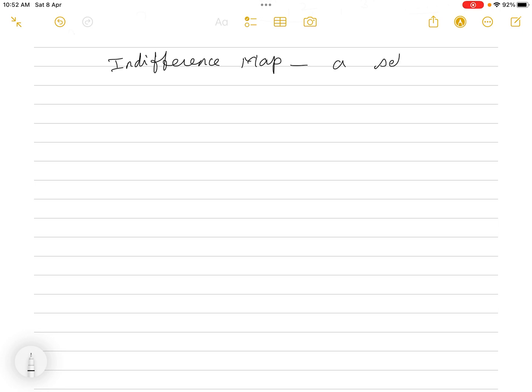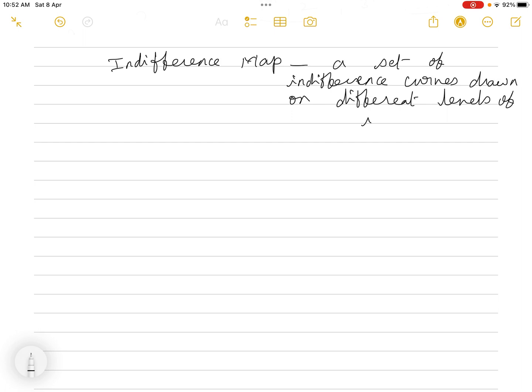So the indifference map is a set of indifference curves drawn on different levels of income.